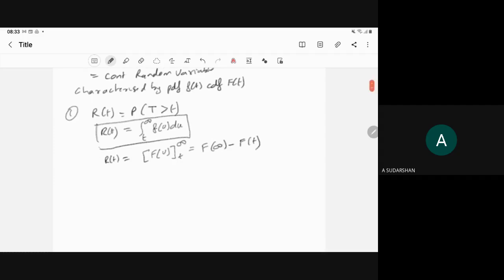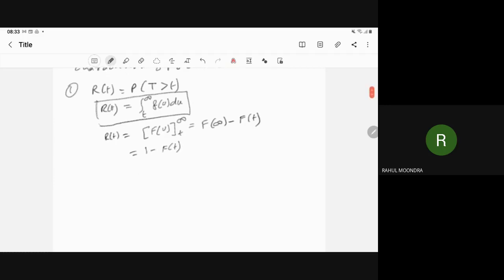For any density function, F(infinity) is one. So R(t) equals 1 minus F(t).